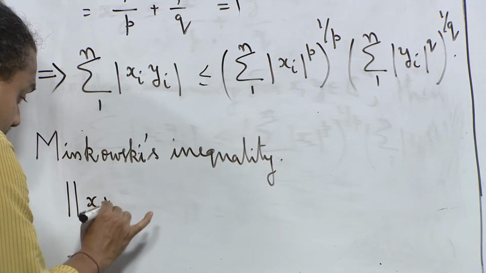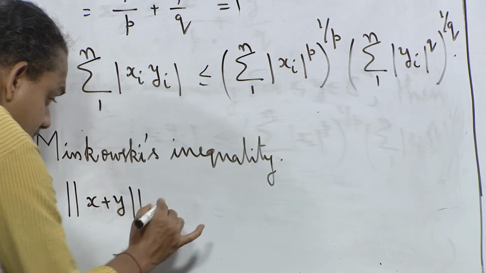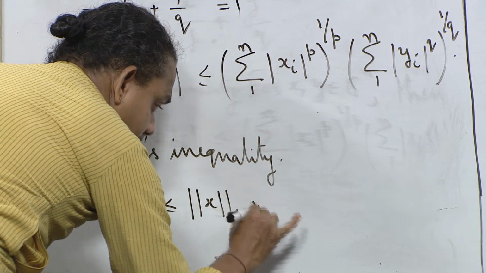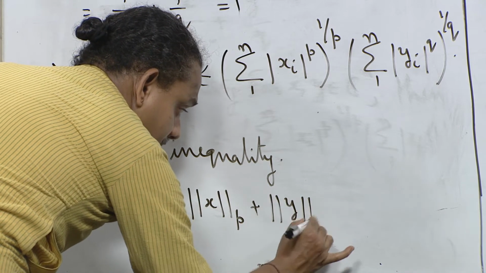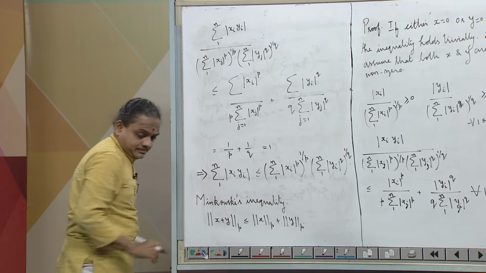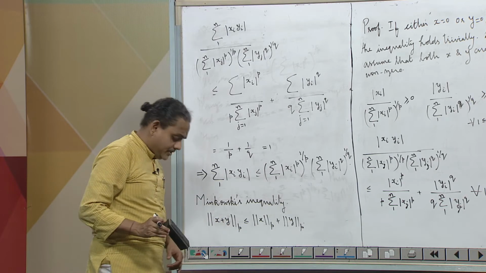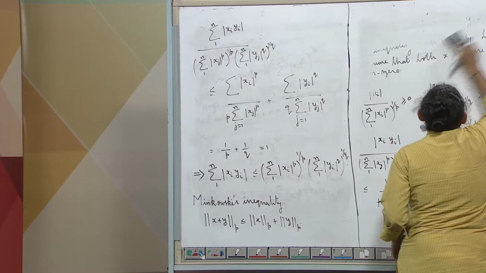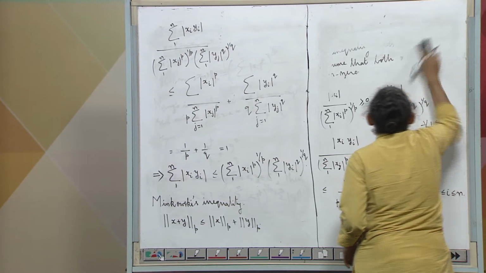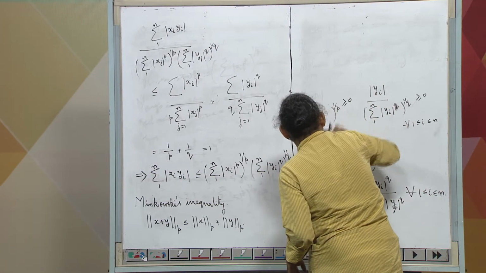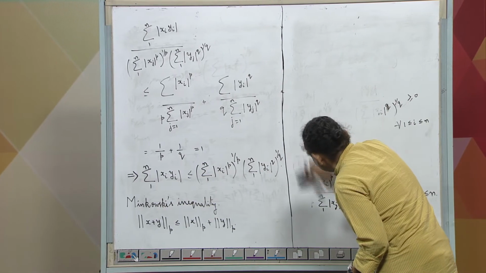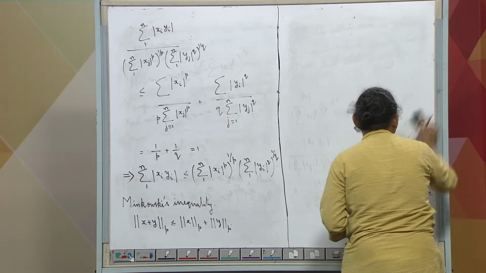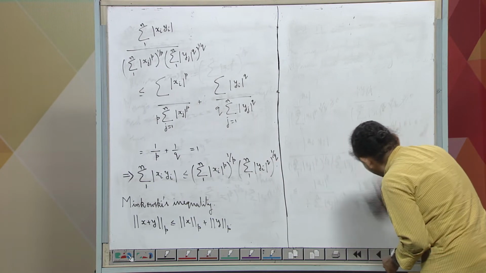Norm x plus y, in fact the pth norm, is less than or equal to pth norm of x plus pth norm of y, right, wherein x and y they both come from Cn. So, here we are going to make use of this Hölder's inequality that we proved just few minutes before.